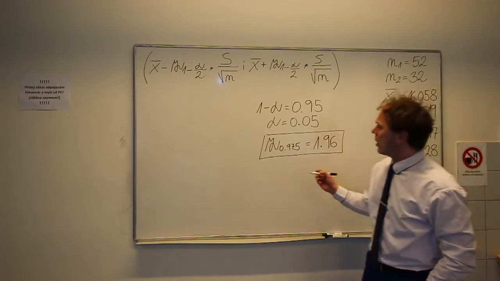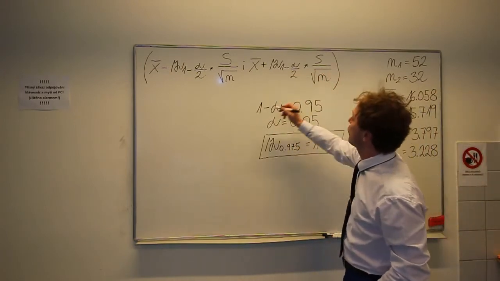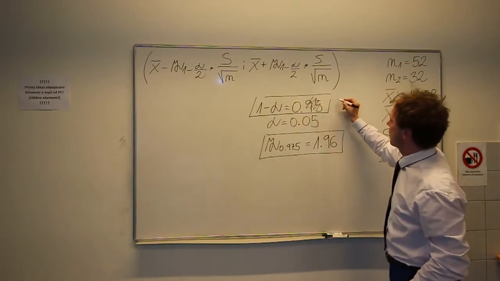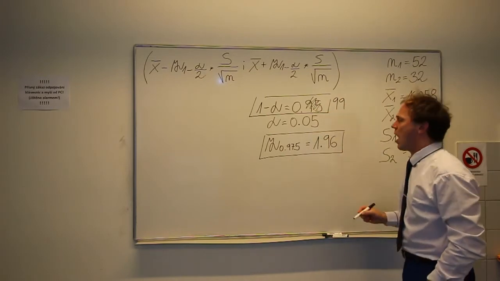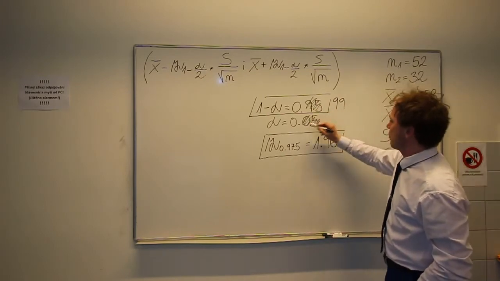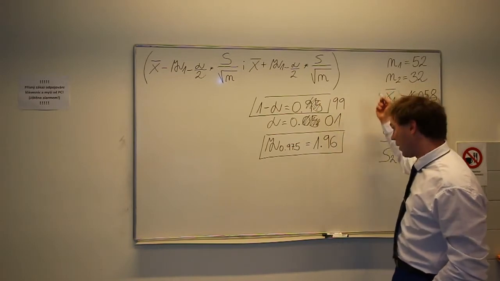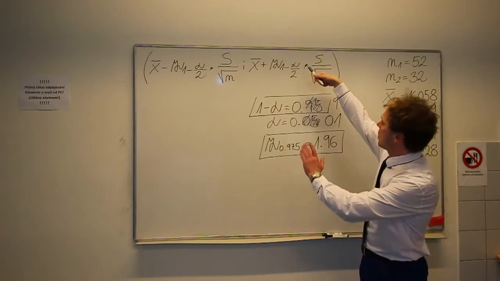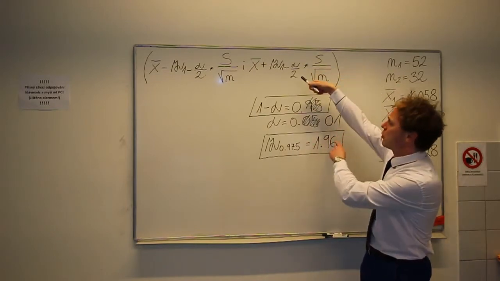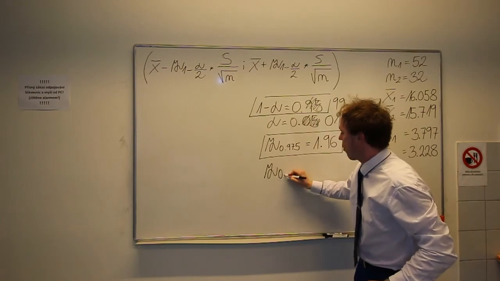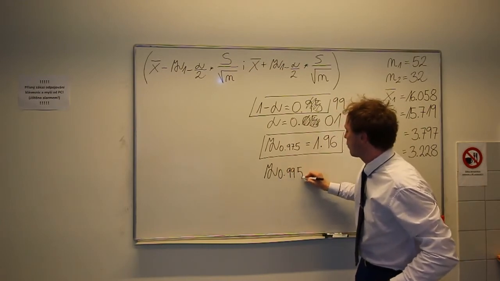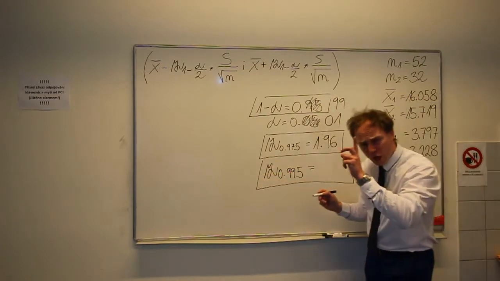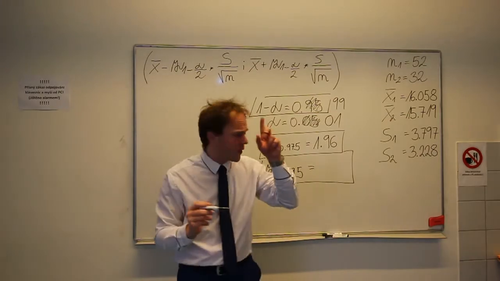If we require confidence level 99%, 0.99, alpha is equal to 0.01, and therefore there will be 1 minus 0.01 divided by 2, which is Z 0.995. Please check your own statistical tables.